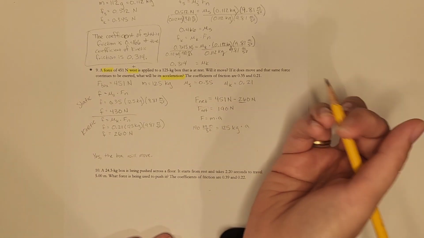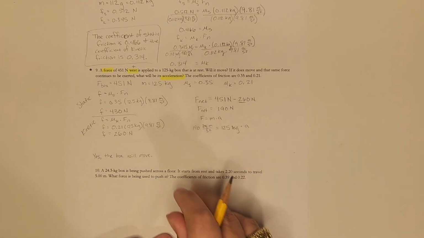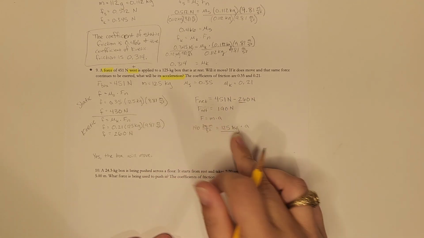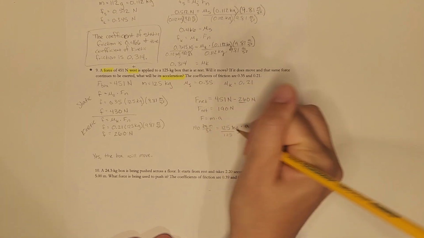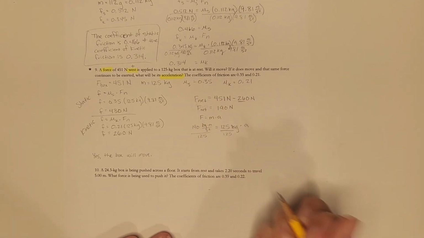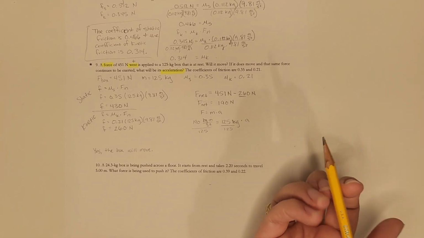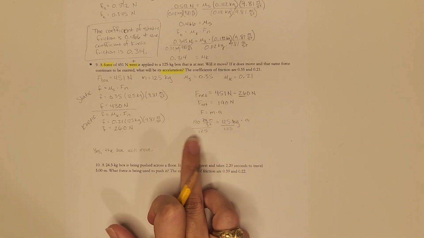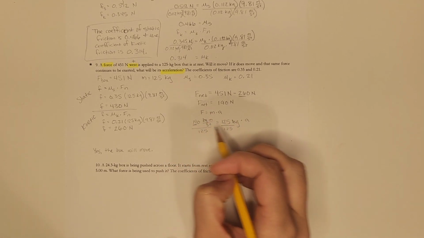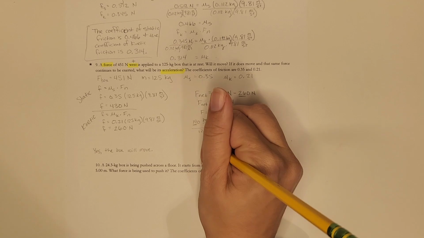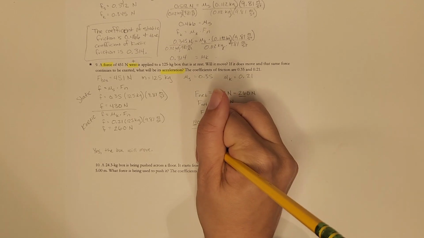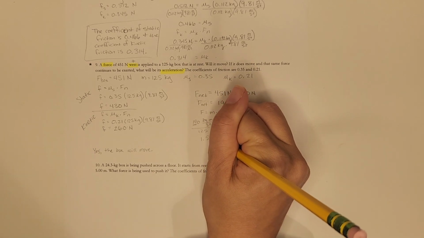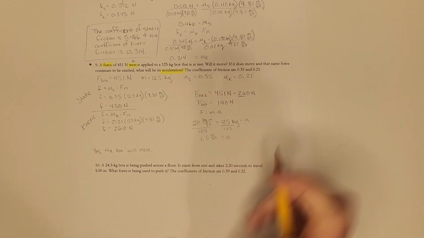The kilograms cancel. Sometimes it's easier to cancel before you do the division. Divided by 125, the calculator gives 1.52. We need two significant digits because of the 190, so our acceleration is 1.5 meters per second squared.